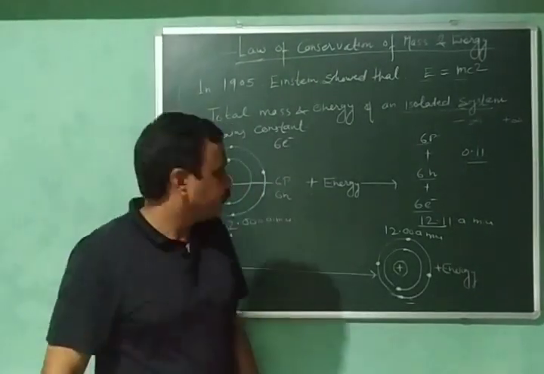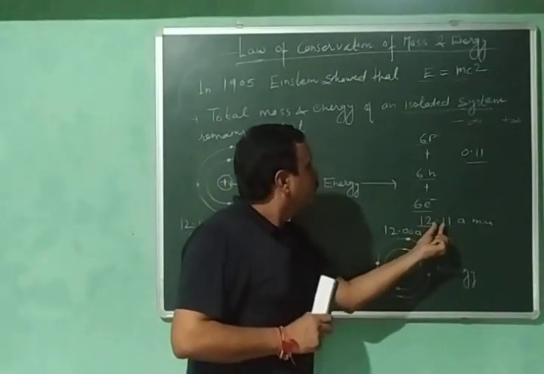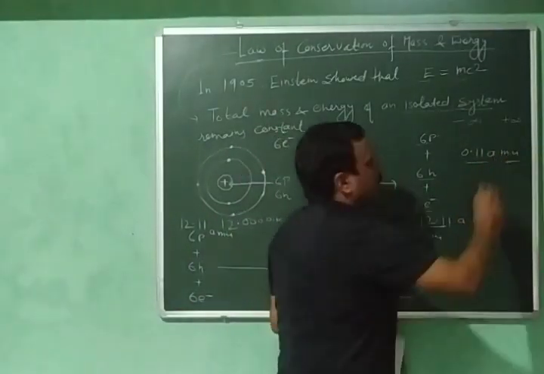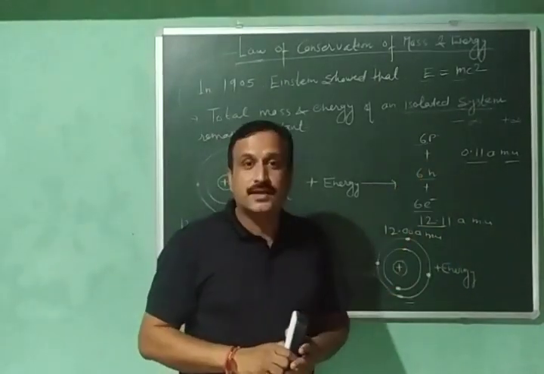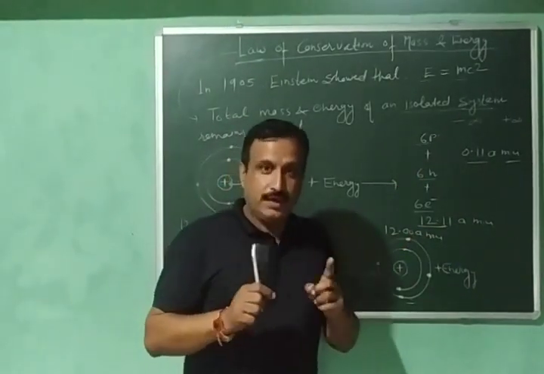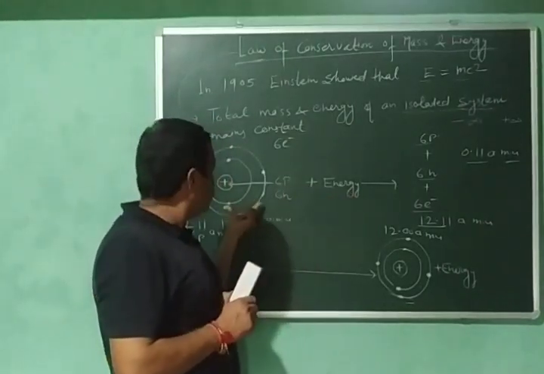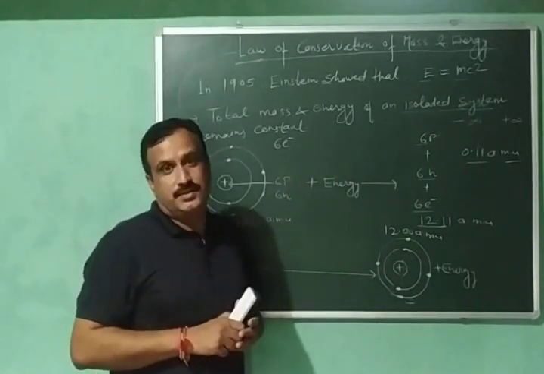Let us explain how. Here the mass has increased by an amount of 0.11 AMU. Okay, and where has this 0.11 AMU come from? Okay, here the energy which is supplied to disintegrate this carbon atom has been converted into mass.